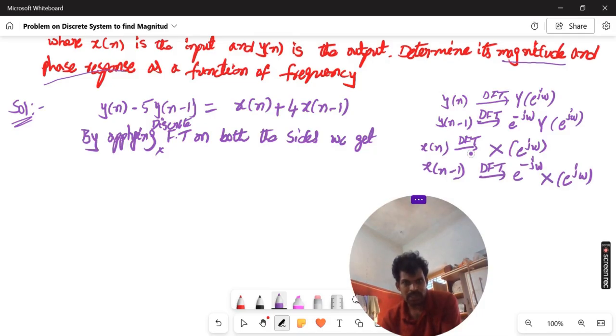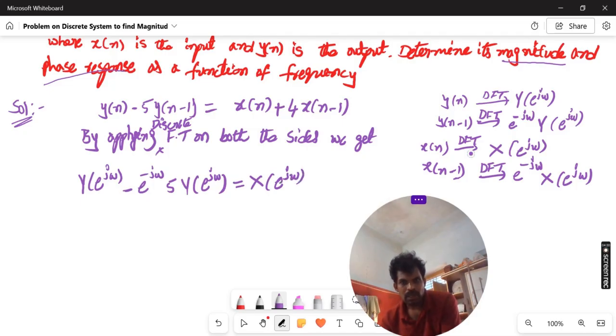So by applying a discrete Fourier transform on both the sides, we will get capital Y of e power j omega minus 5 e power minus j omega into capital Y of e power j omega, which is equal to capital X of e power j omega plus 4 e power minus j omega into capital X of e power j omega.